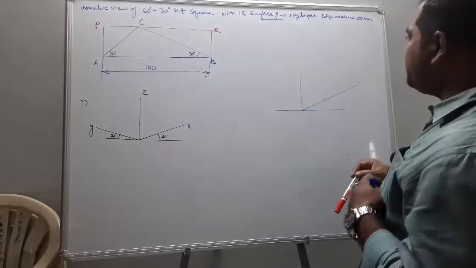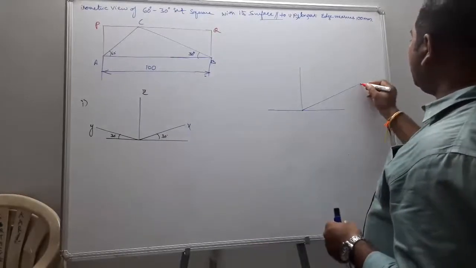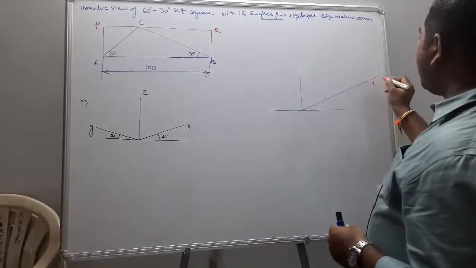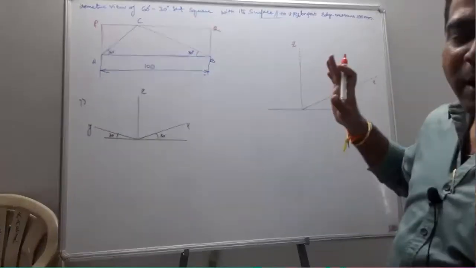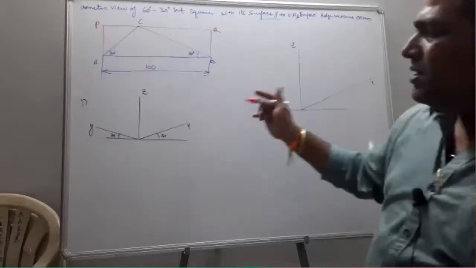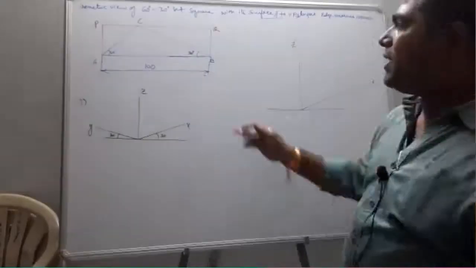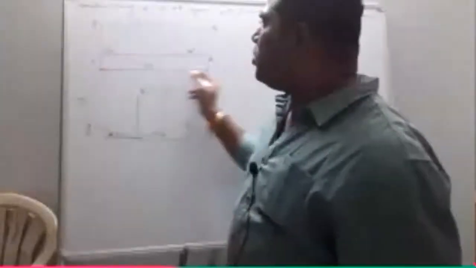Students, let us assume this was your X, this was Z. Then Y is also considered, vertical. Okay. Now my ABQP is going to be the box.